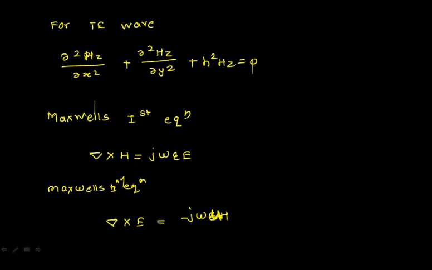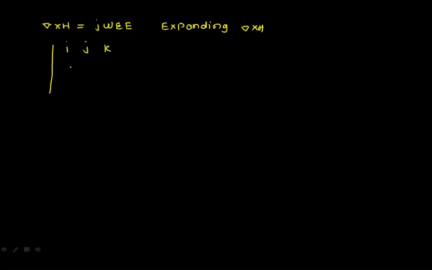Now we are going to use Maxwell's first equation, and I'm going to solve it in the rectangular coordinate system. So I can say del cross H is equal to j omega epsilon E. Expanding this particular del cross H in the rectangular coordinate system: i, j, k, d by dx, d by dy, d by dz, and Hx, Hy and Hz is equal to j omega epsilon.